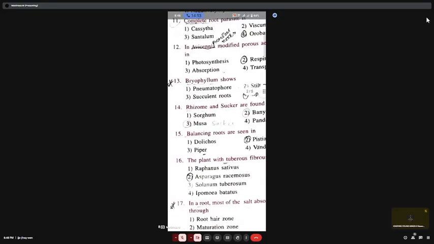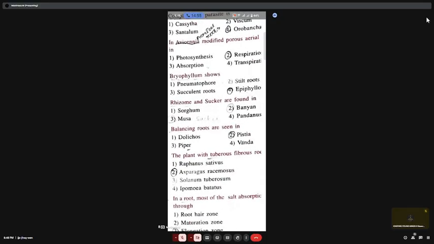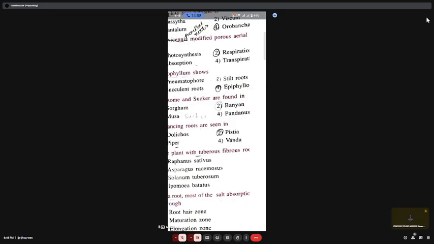Respiration. Bryophyllum shows nematophore, succulent root, stilt root, epiphyllum.